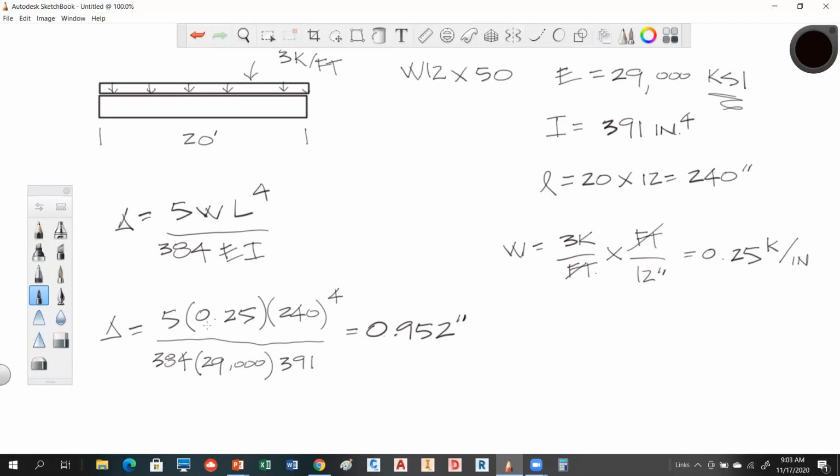I'm taking that times that to the 4th, divided by that times that. And this term right here is referred to as your beam stiffness. Is everybody getting that number?